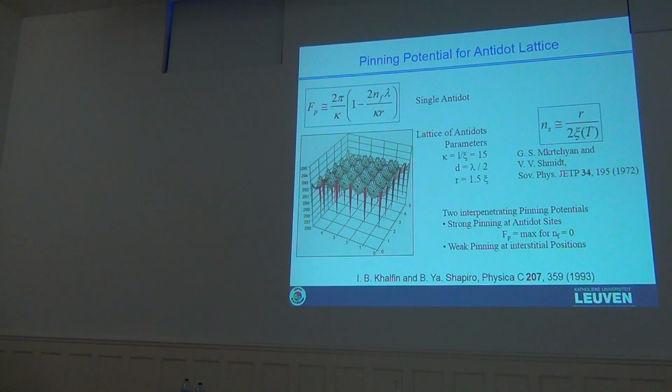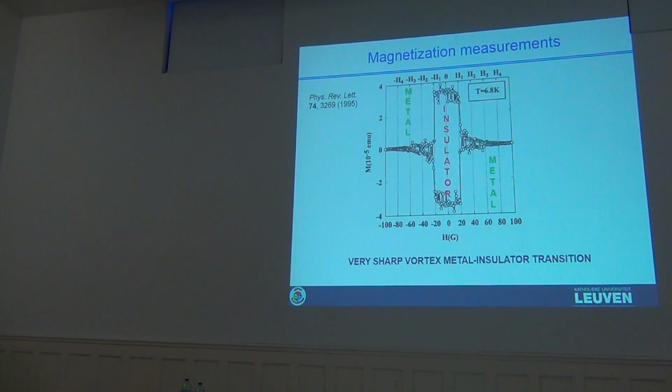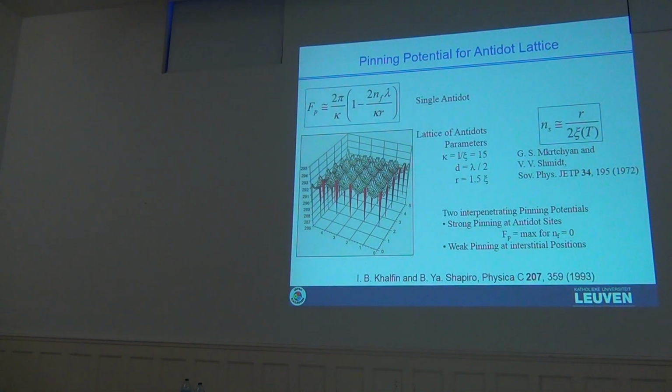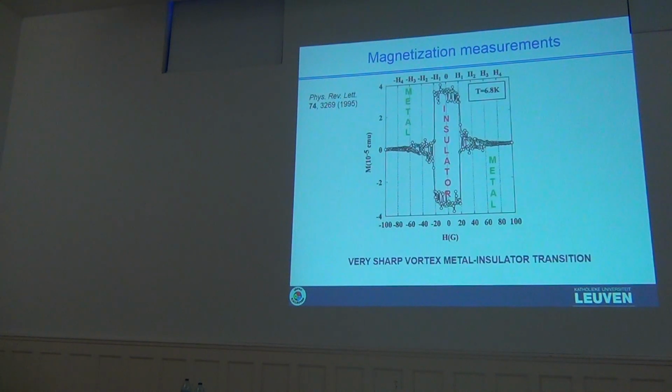So you apply a magnetic field, you have this artificial pinning potential, the red spikes are positions of strong pinning centers, these antidots. If you now apply a magnetic field, this is the so-called first matching field, where you have exactly one flux quantum per each sharp and deep pinning center, and at this position the number of carriers, in our case vortices, is exactly the same as the number of localizing potentials, in our case these antidots.